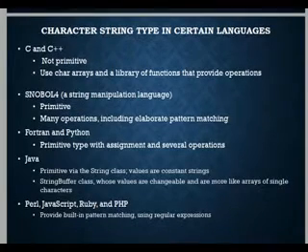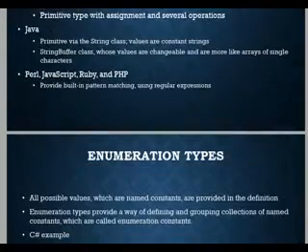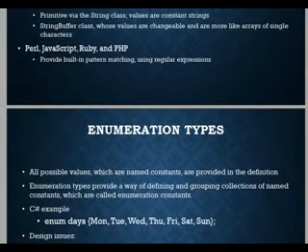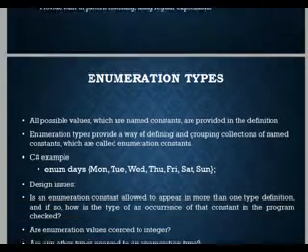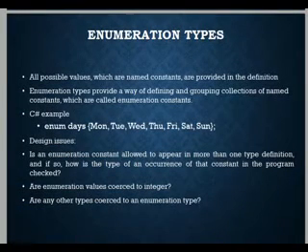If you need more on this, you can refer to it. Then there is what is called the enumeration type. In an enumeration, all possible values, which are named constants, are provided in the definition.